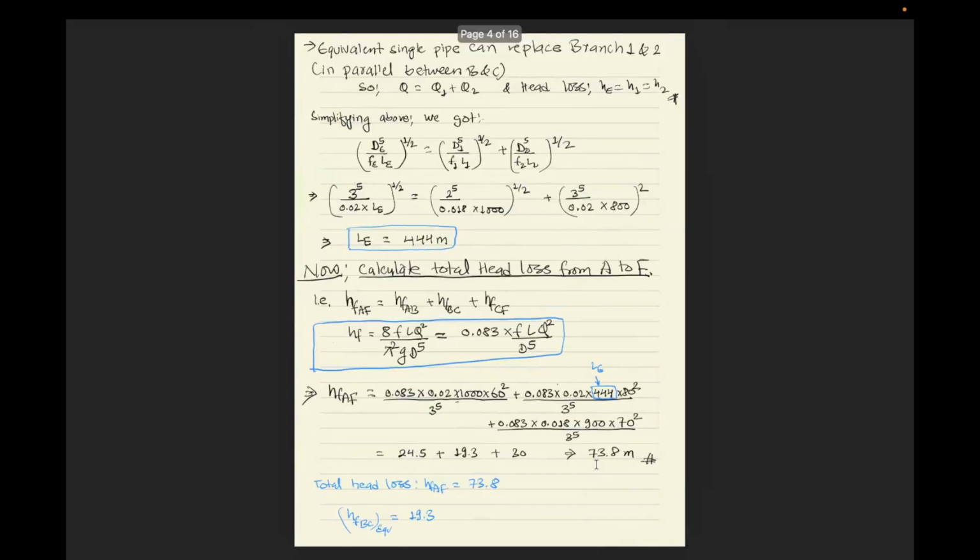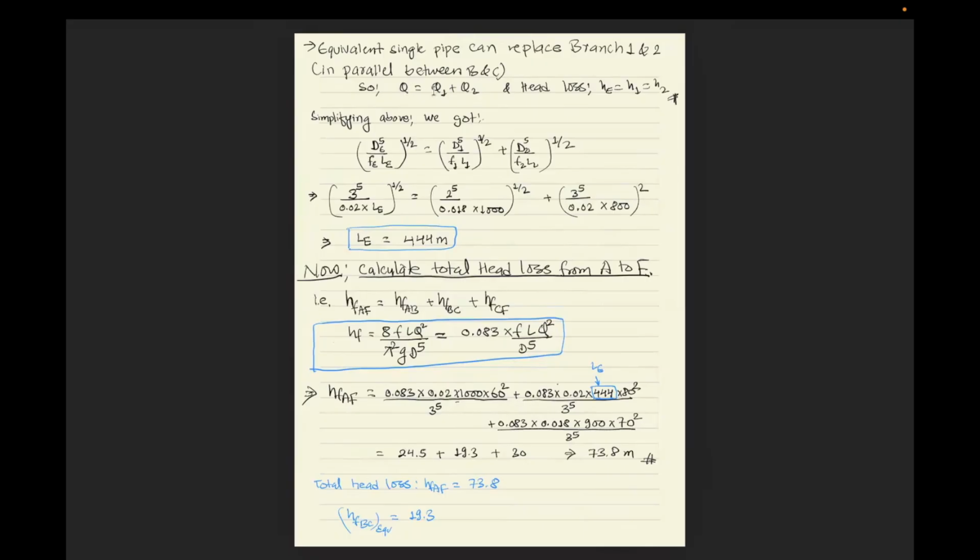So let us assume for the equivalent pipe properties for BC, let us suppose a diameter of 3 meters and a friction factor of 0.02. Now we know the concept of equivalent, where Q is equal to Q1 plus Q2, and I already mentioned the head loss.